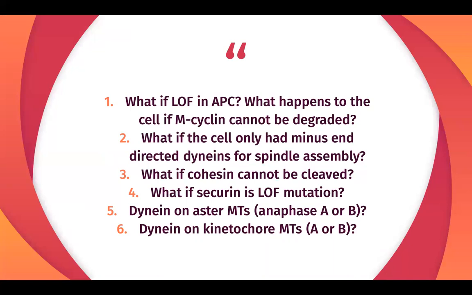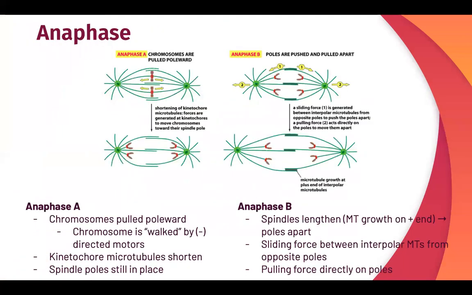There you go, A. If it's walking towards the minus end on the kinetochore microtubules, you're going in the opposite direction, so it's pulling the sister chromatids away from each other. Because you're splitting apart the sister chromatids, that's anaphase A.